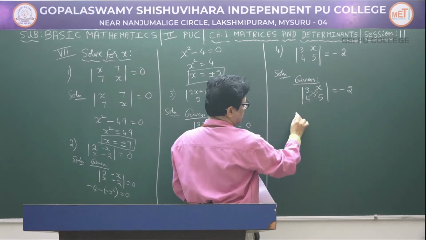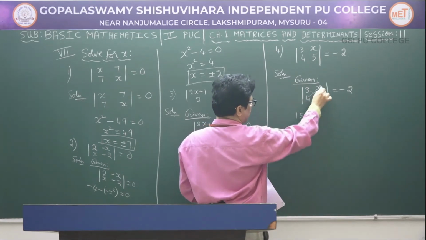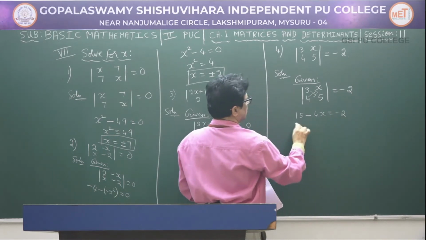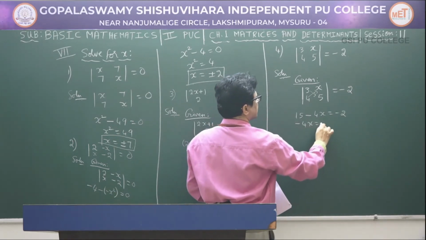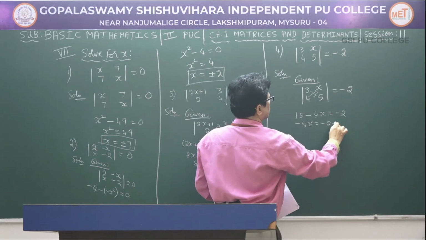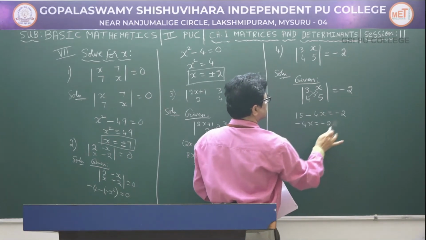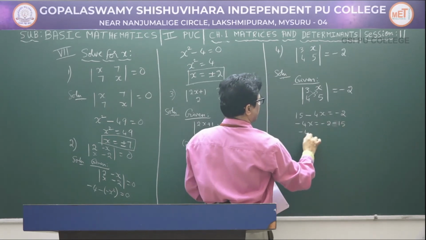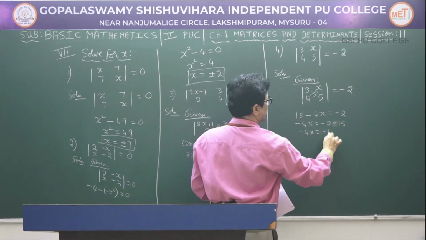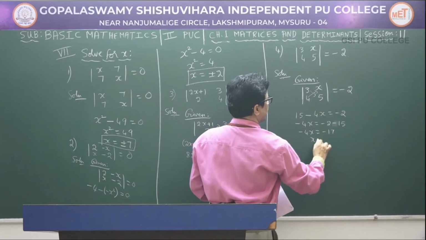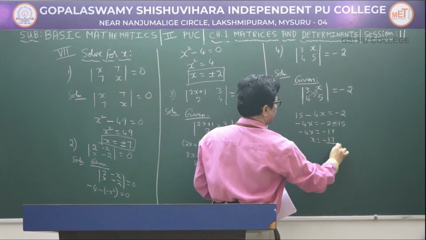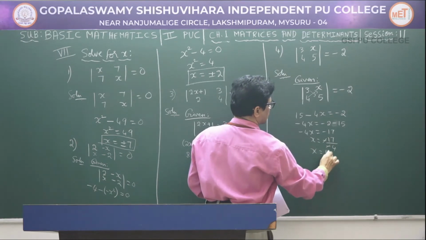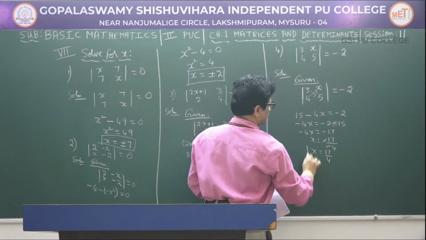So 3 into 5, 15, minus 4 into x, 4x, equals minus 2. So minus 4x is equal to minus 2 minus 15. So minus 4x equals minus 17. So x equals minus 17 by minus 4. So x equals 17 by 4.